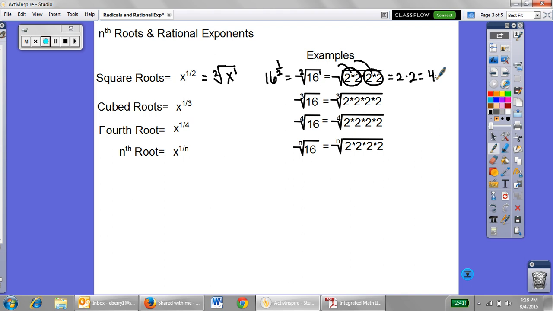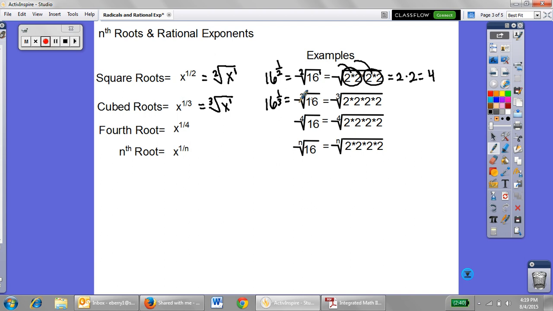Moving on to cube roots. In this case, we're talking about the cube root of x written this way. We know it's a cube root by this small 3 on the outside of the radical sign, and this 1 again implies x to the first power. Looking at the example with the cube root of 16, this can be written as 16 to the 1/3.